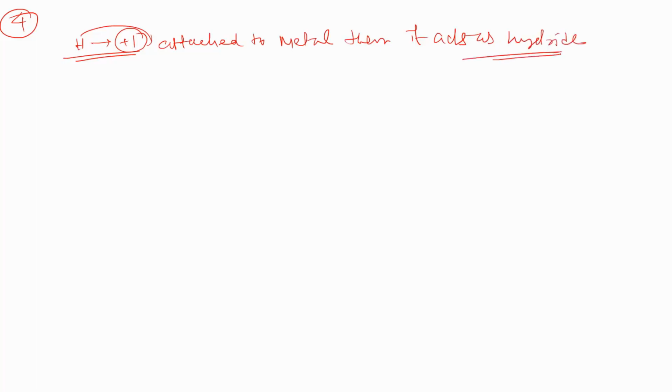But when this hydrogen is attached to a metal, then it acts as a hydride. Hydride means H minus. That means when it attaches to the metal, this hydrogen gives the -1 oxidation state.